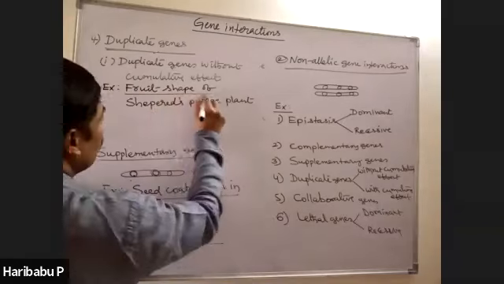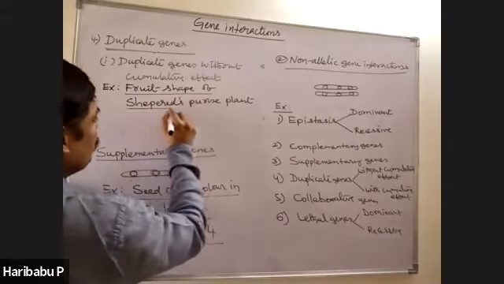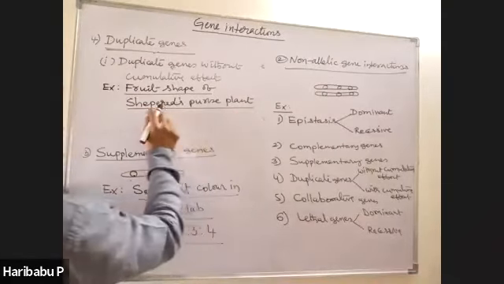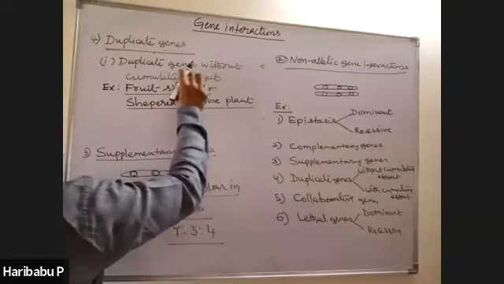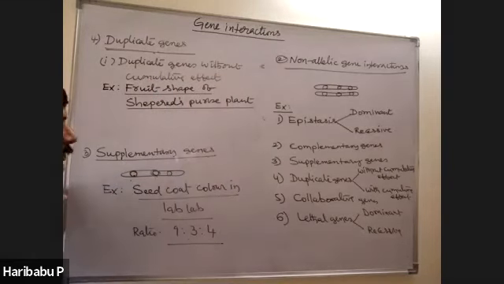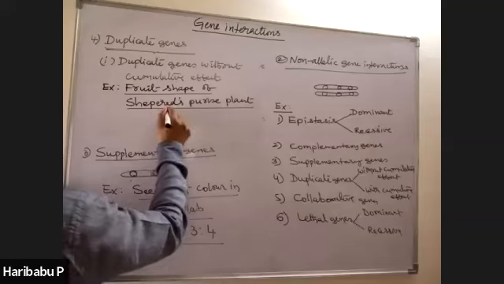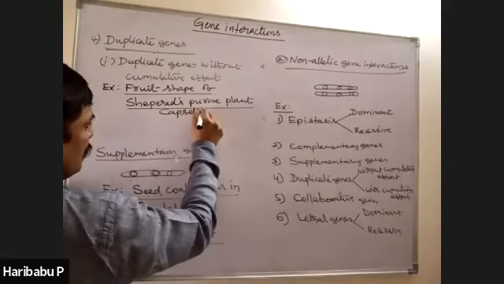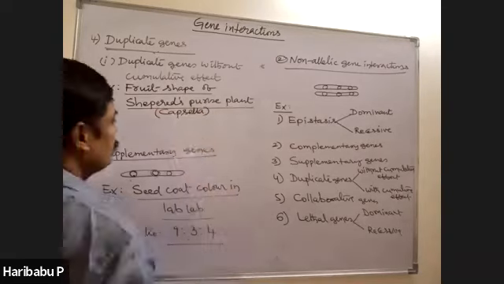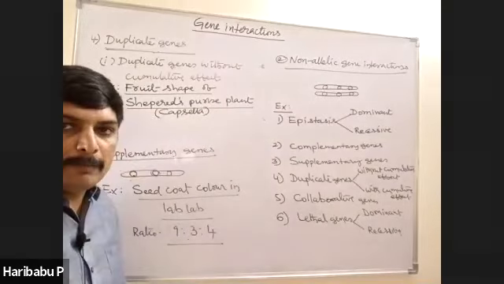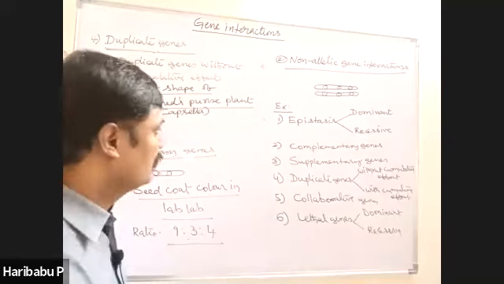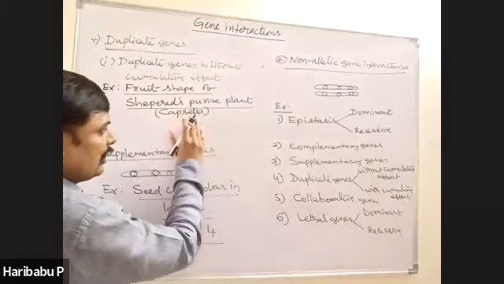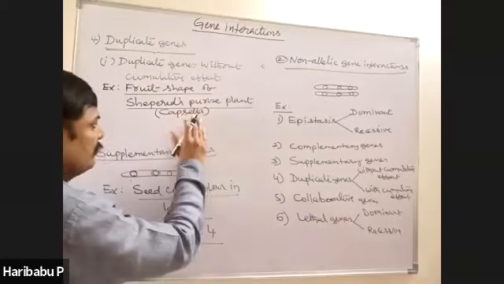Fruit shape in the shepherd's purse plant is an example of duplicate genes without cumulative effect. The botanical name of this one is Capsella bursa pastoris. Simply remember Capsella, the scientific name.